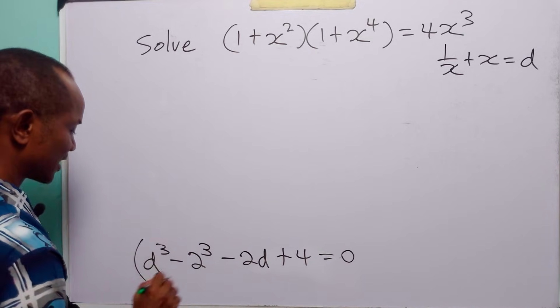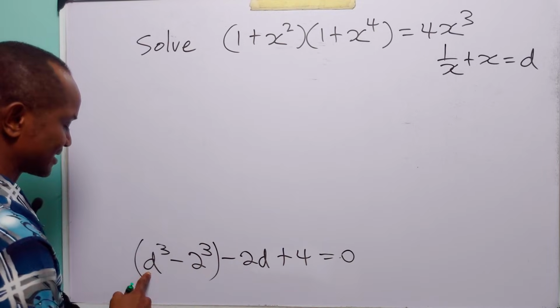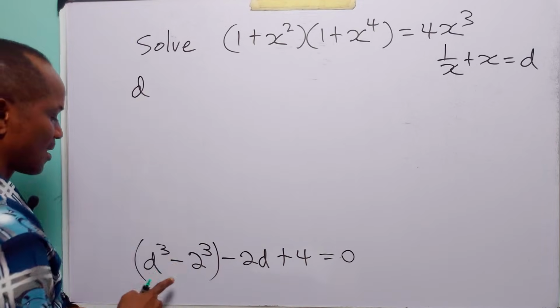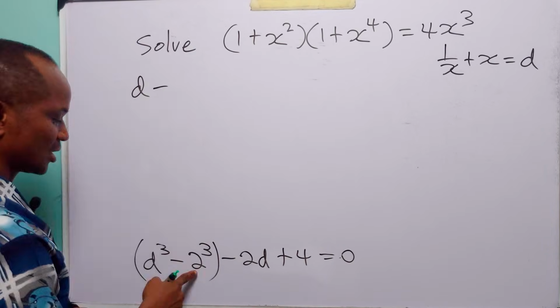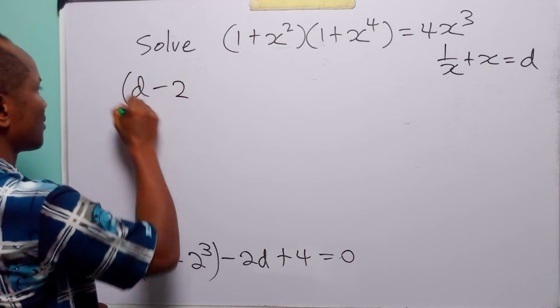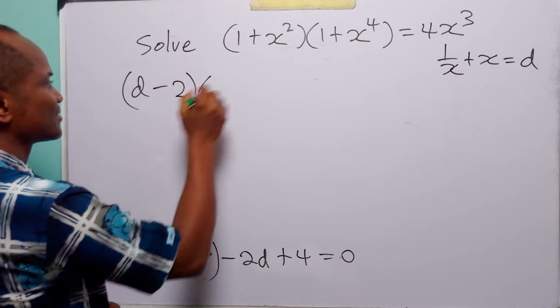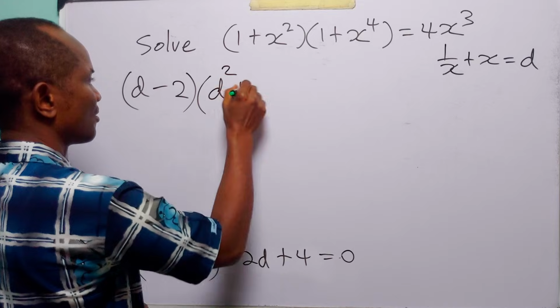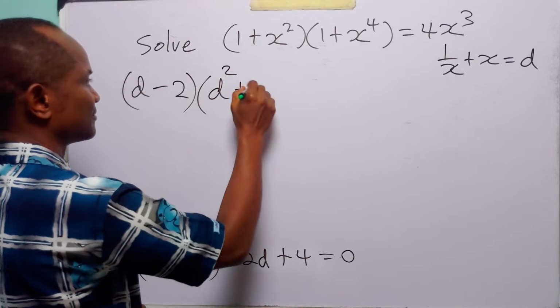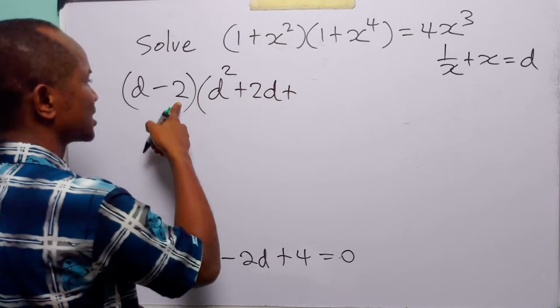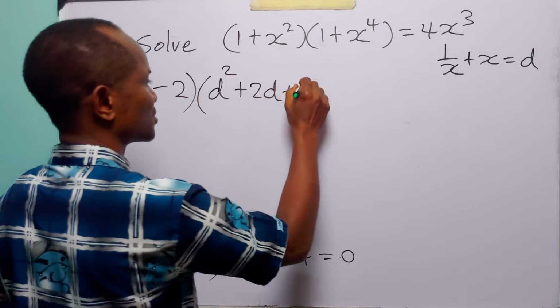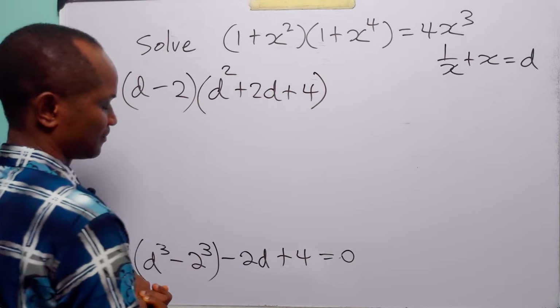And you know that we can factorize this as (d minus 2) multiplied by (d squared plus 2 times d plus 2 squared), which of course is equal to 4.